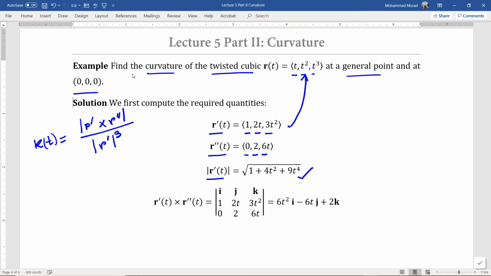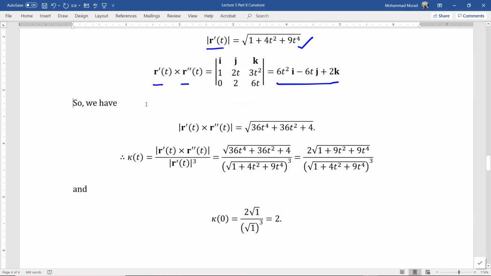Now we calculate the cross product of the vectors r prime with r double prime, which becomes this vector 6t squared i minus 6t j plus 2k. So we have the magnitude of this cross product is this scalar function.